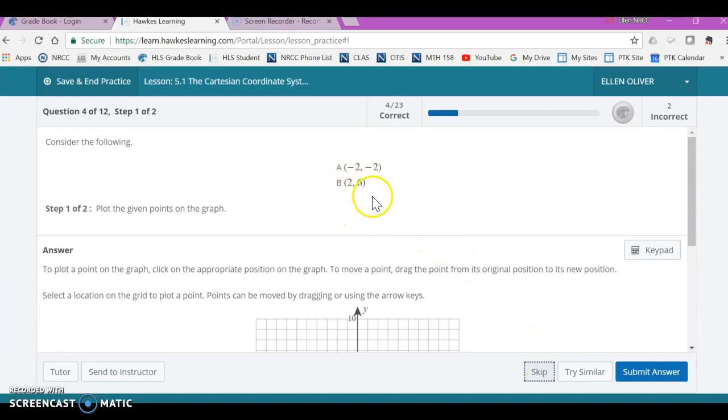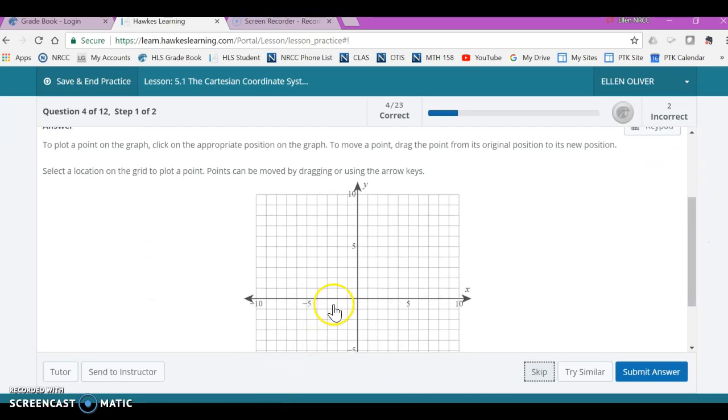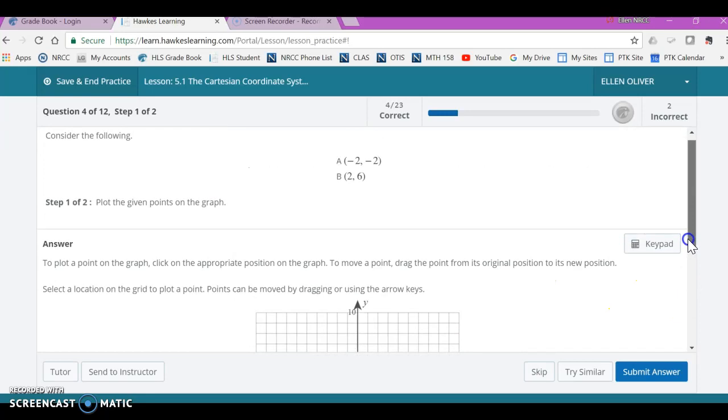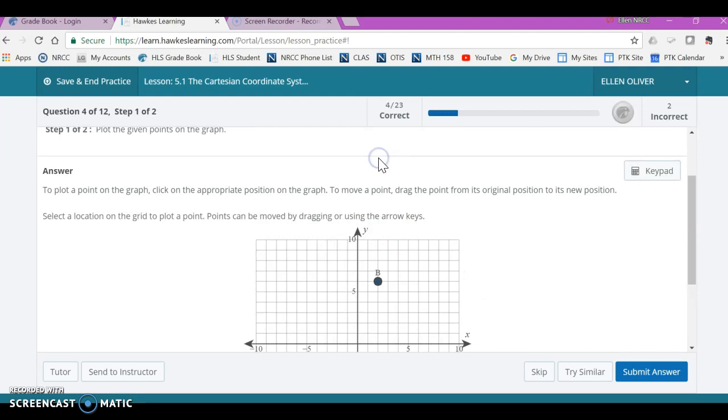Same thing here. I've got to plot these, and then I'm going to have step 2. I don't know what that's going to be yet, so let me go ahead and plot these. -2, -2 is left 2, down 2, and the other point is 2, 6, so that's right 2, up 6.